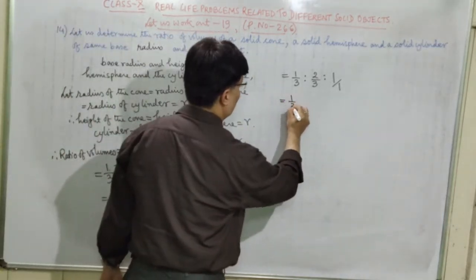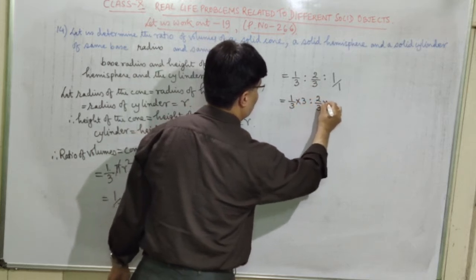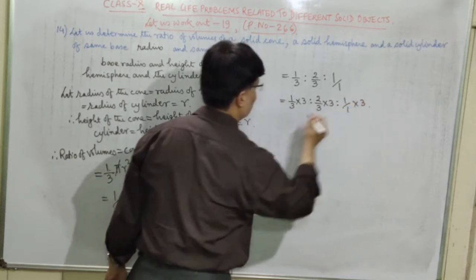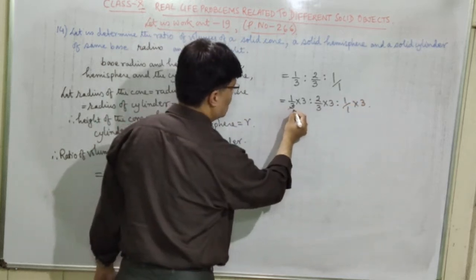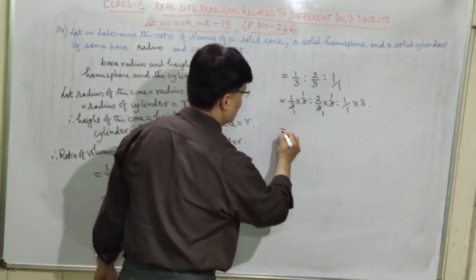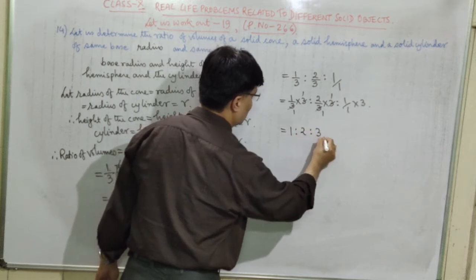So it is 1/3 into 3 is to 2/3 into 3 is to 1 into 3. This 3 will be cancelled, which is equal to 1 is to 2 is to 3.